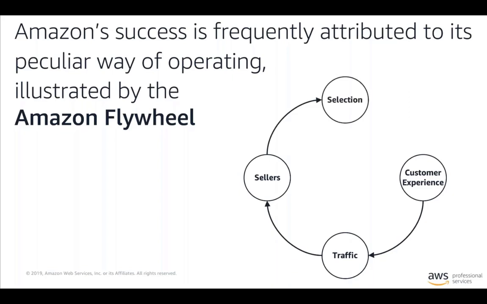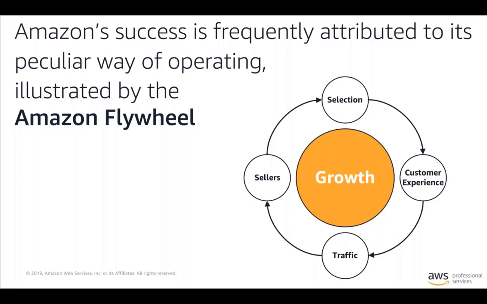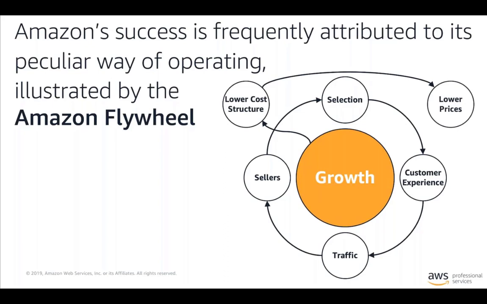And this expanding selection then drives an even better customer experience, causing the flywheel to spin faster and faster. This drives growth for Amazon.com, which we then reinvest into the company to lower our overall cost structure. This allows us to pass on benefits to customers in the form of lower prices, which in turn drives additional levels of improvement in the overall customer experience.